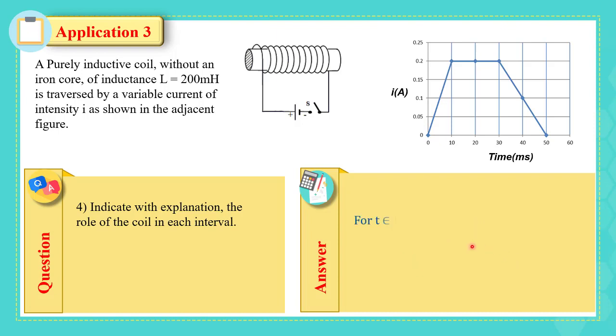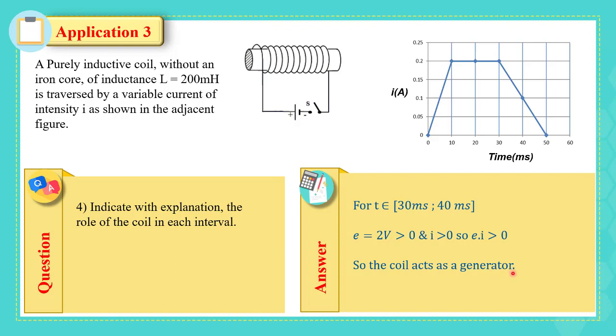In the second interval, E equals 0 since I is constant and dI over dt is 0, so the coil acts as a wire since it has no internal resistance. In the third interval, E equals 2 volts is positive and I is also positive, so E times I is positive and the coil acts in this case as a generator.